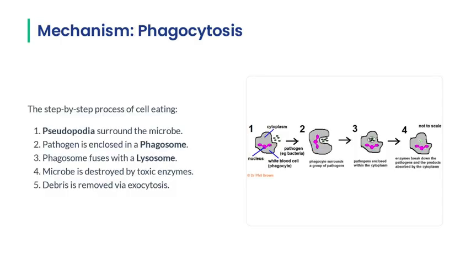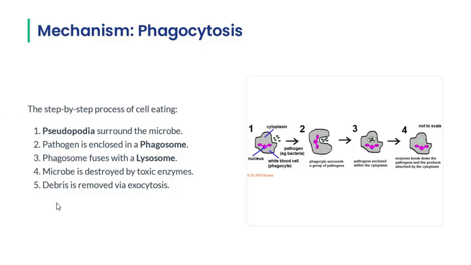So phagocytosis is where we have the cytoplasm, and these are the pathogens, and it fully engulfs the pathogen entirely. And this is the white blood cell, and it completely engulfs it, and then it breaks it down with enzymes.